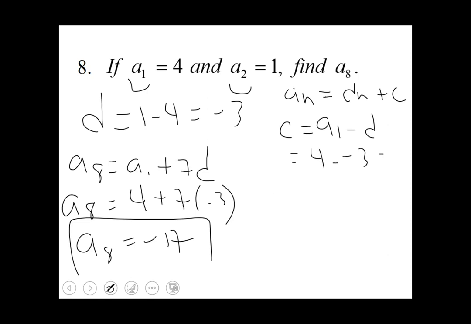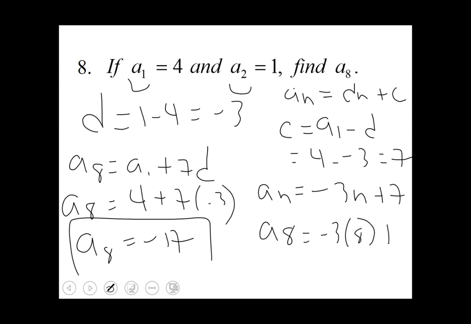Of course, if you minus a minus, it becomes a plus, which is how you know that c is 7, which is how you get the final equation of a sub n is equal to negative 3n plus 7. That is the general equation for this sequence. And in particular, if you wanted to find the 8th term, that would give you negative 3 times 8 plus 7. And again, no matter which way you do this, you're going to get negative 17.